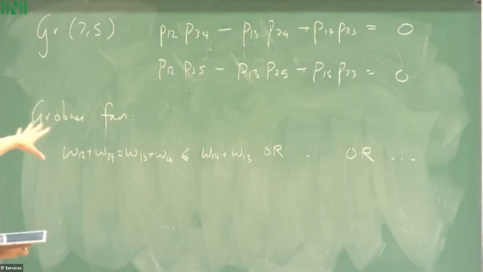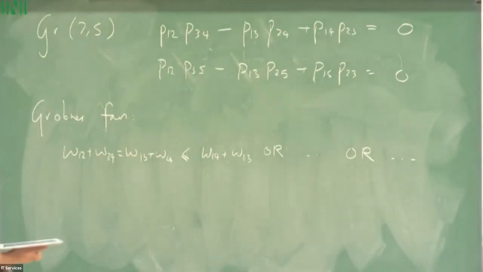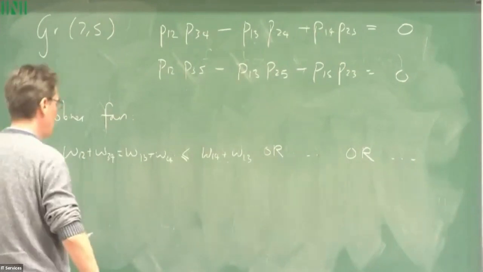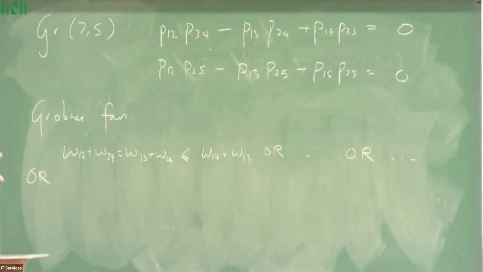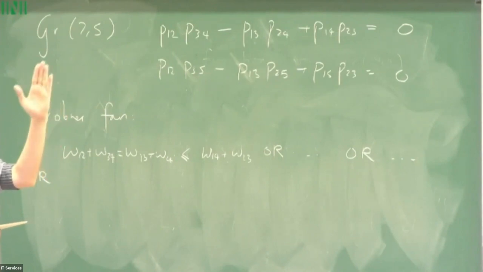So in some sense I've got 15 possible things that could happen. The Gröbner cone is defined by the space of weight vectors where one of these 15 things happens. If I put my weight vector equal to one satisfying one of these 15 relations, I will be on a junction between two cones.